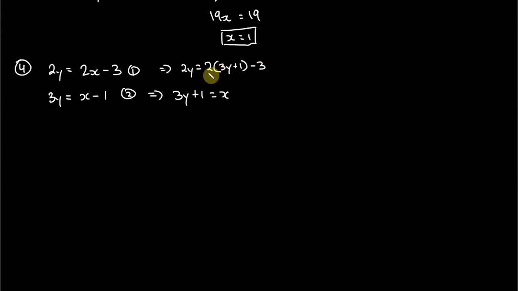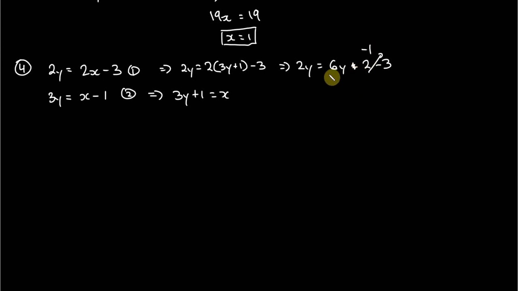It's getting a little bit cramped, so I'll just write a new one over here. So then we have 2y equals, well, 2 times 3y is 6y, and then 2 times 1 is 2. So it's going to be 6y plus 2 minus 3. 2 minus 3 is negative 1.